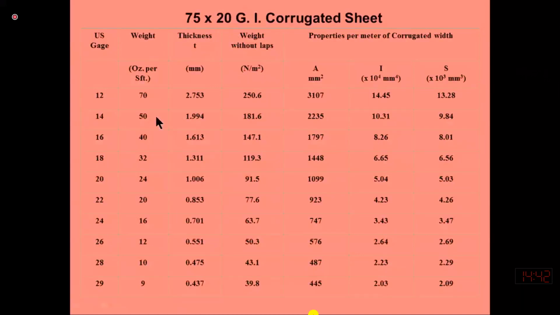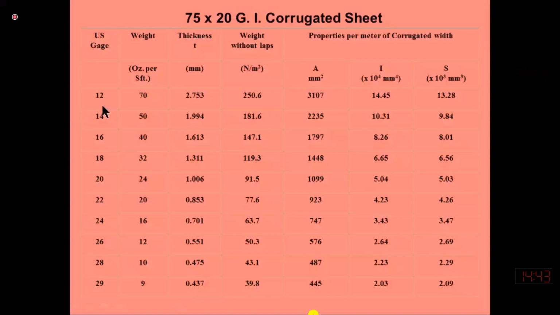I told you that if the thickness is very small, then instead of designating the sheets in millimeter, we refer to them by gauge number. The lesser the gauge number, the thicker the sheet. So these sheets are designated in various gauge sizes.